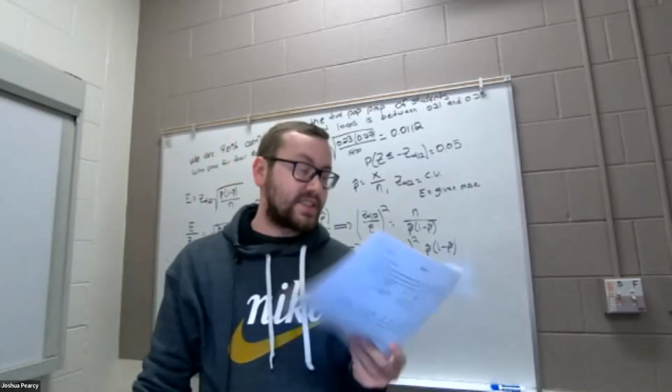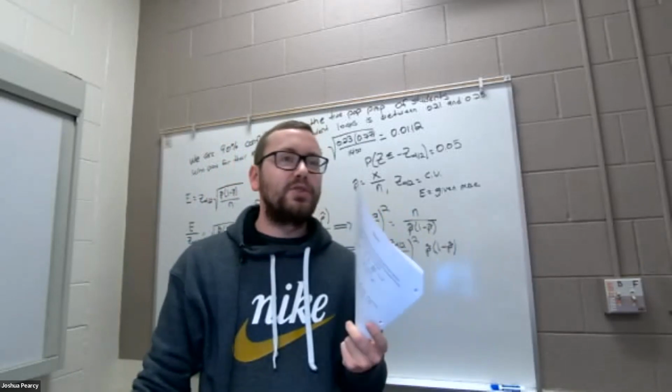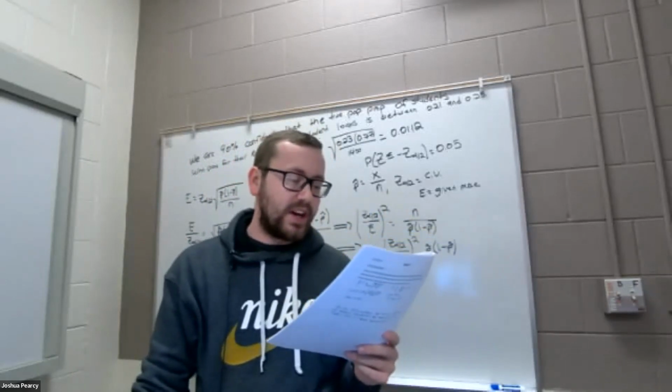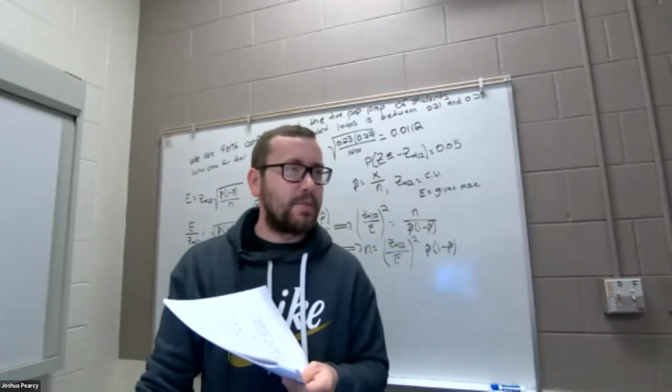Now, I mentioned these next two things because your homework will have you do both cases. It says there are two scenarios to consider when finding the minimum sample size needed for estimating the population proportion.